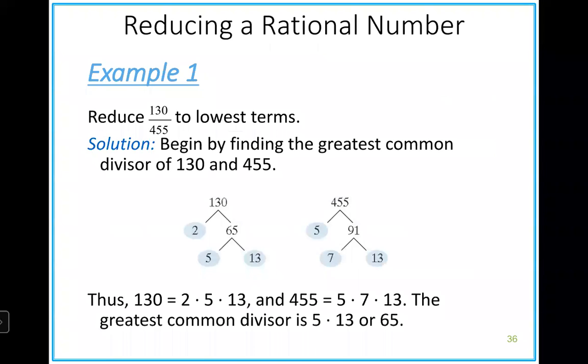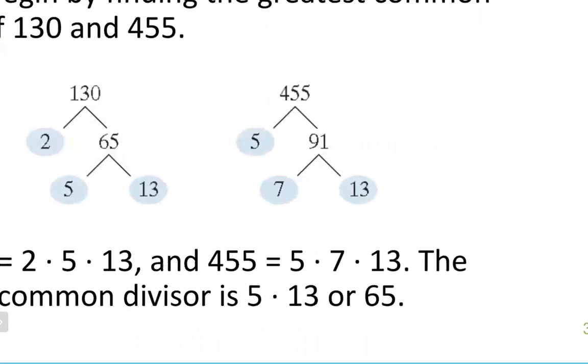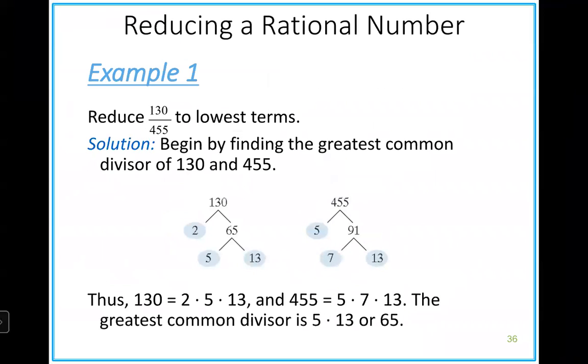So I don't want to go back. I think, yeah, we did go through the process of finding common divisors. So we're not looking at that now, but we are just looking at this one here, where you're asked to reduce 130 over 455 to lowest terms. Now you can go through it step by step, but they seem like they're encouraging you to find the greatest common divisor.